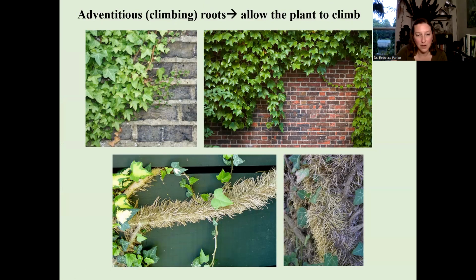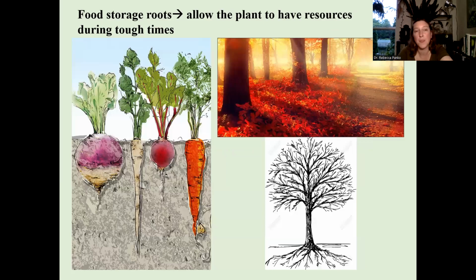So down here, this is a stem of ivy, and you can see all these little hair-like roots coming off. Those allow the ivy to kind of dig into the brick so that it can grow up walls. And in nature, that would have been for it to grow up like the side of a mountain, like a rock, right? This we already talked about. Some roots have evolved for food storage.